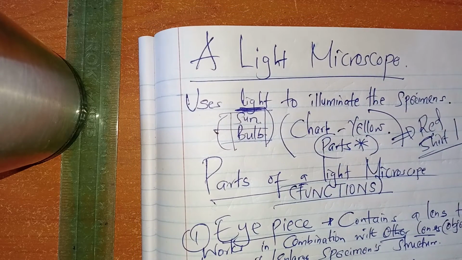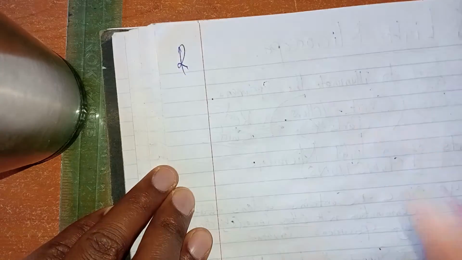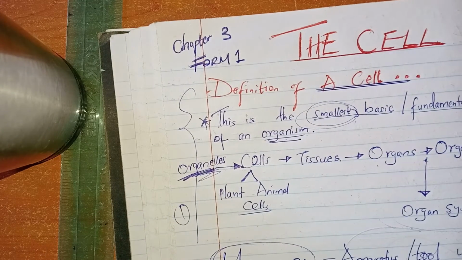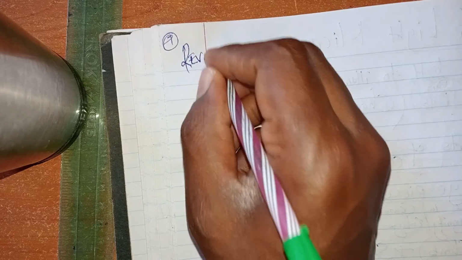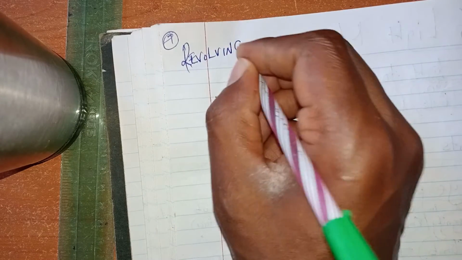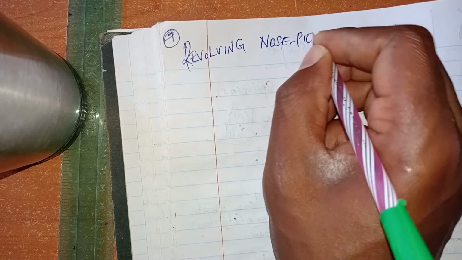We are still moving. We will open another page and talk about something like the revolving nose piece. This is number 7, the revolving nose piece.